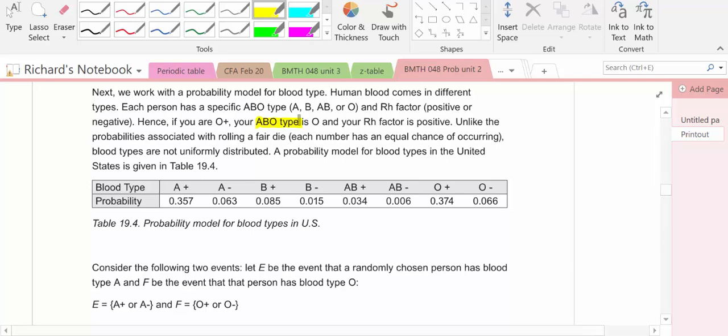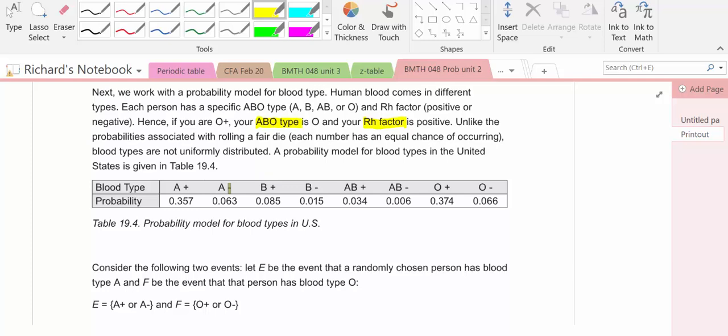Is it A, B, O, or AB? And the Rh factor is whether it's positive or negative. So ABO type A can either be Rh positive or Rh negative. All of the blood types have that possibility.